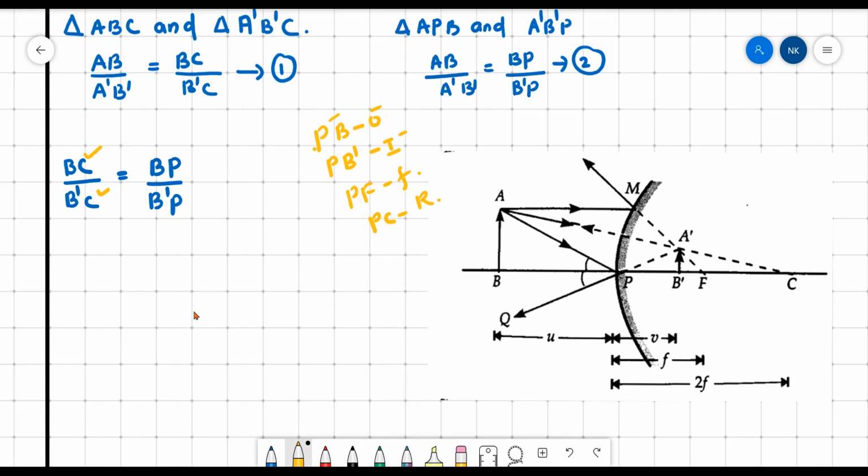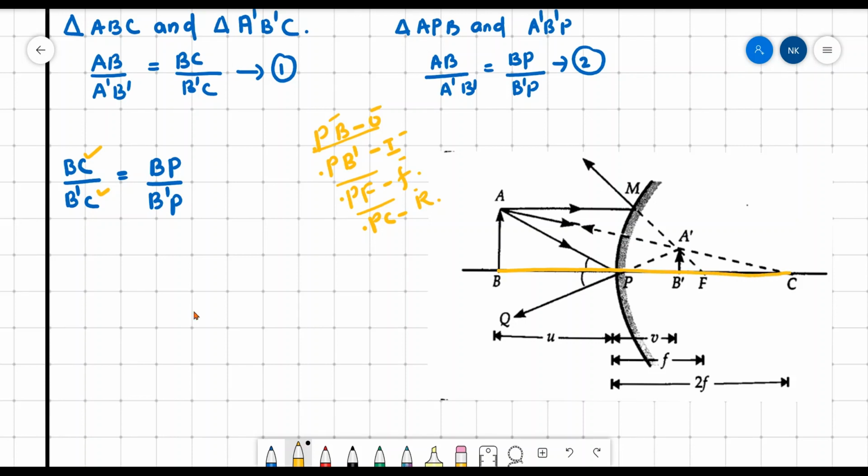So in all of these you can see the P term is there. So you do not need to split them, you can directly substitute. But BC and B dash C do not have the P term. So that is why you need to split these distances, PC as well as BC and B dash C. Now you see, BC is this distance, from here to here.